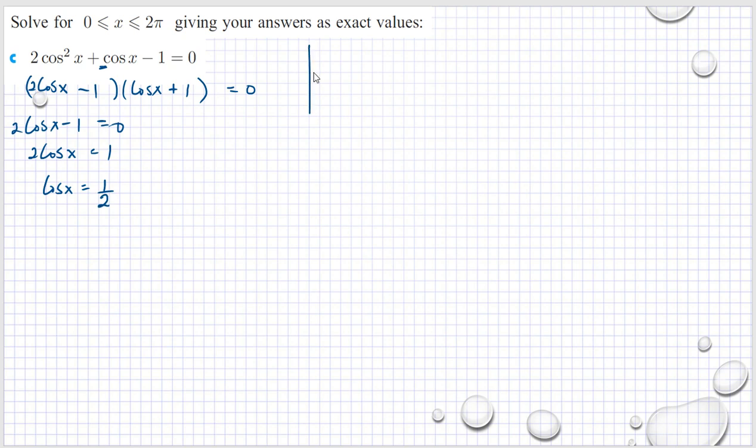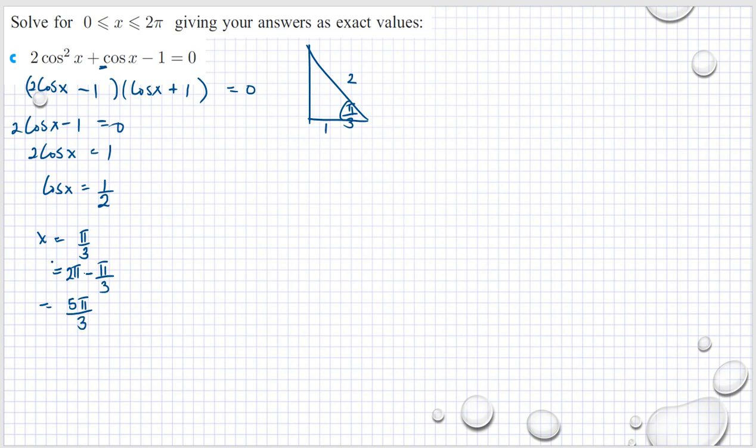And if we know already this is 60 degrees or pi over 3, then we have 1 there, 2 there. So we have x is equal to pi over 3. And positive 1/2 also in the fourth quadrant. So we have 2 pi minus pi over 3, then we have 5 pi over 3.